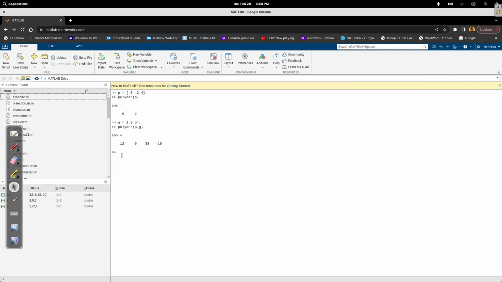You can get that using the polyder command. It's the same as the product, but you give the output as numerator and denominator. The first one is the numerator and the second one is the denominator. Here we'll give p, g.